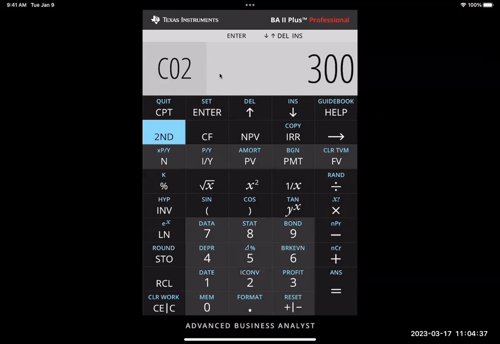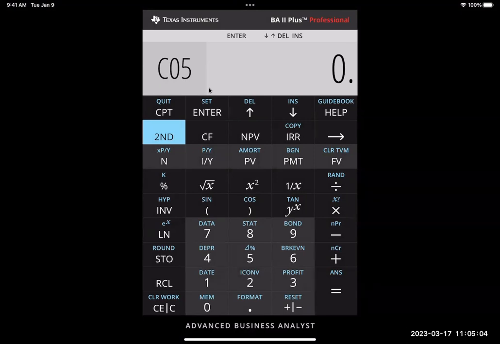Then 300, enter, down. There's only one, keep going, C3. 20, enter, down, down. Are you with me so far? And the last one is a negative. It's absolutely possible that your calculator won't do it. It's a very complex solution.